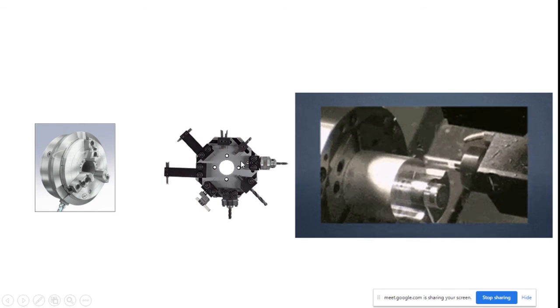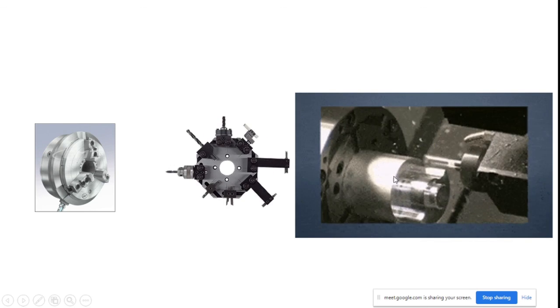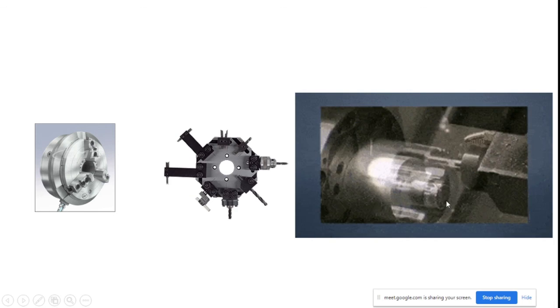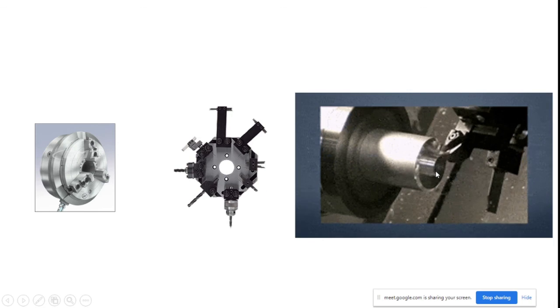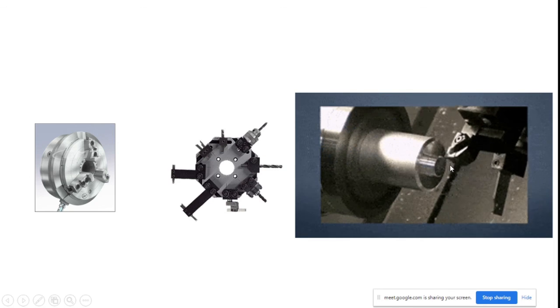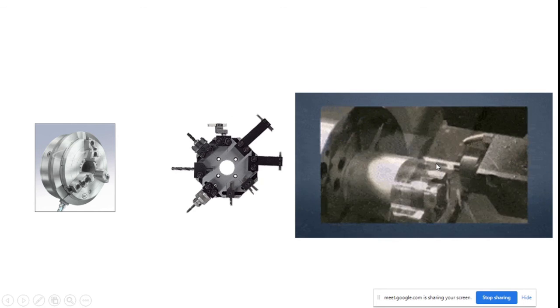Let's see: if we write the program, we can understand from this how the turret operates. Here you see on the right side end there are different tools. We can give the cutting operation on the workpiece. Here you see first a turning operation is carried out.